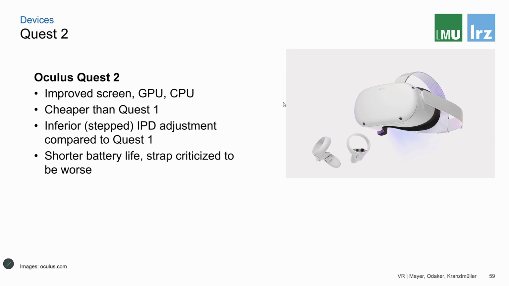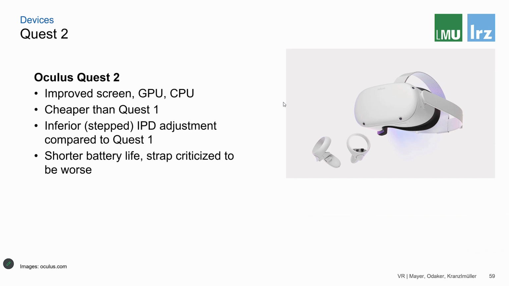And most of all, the Quest 1 had an IPD adjustment like you want from a head-mounted display. The Quest 2 also had an IPD adjustment, but only stepped. So it had 3 settings, and you have to choose the one that is closest to what your IPD is. It's not that great.